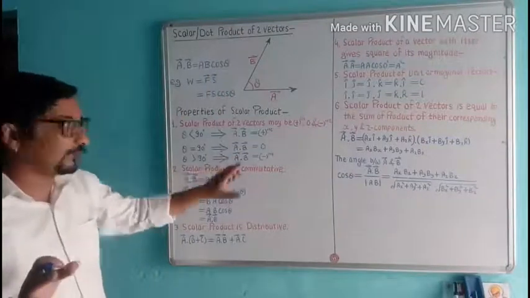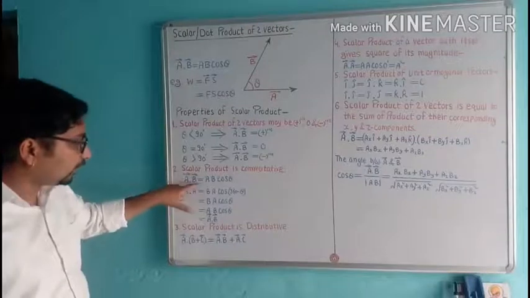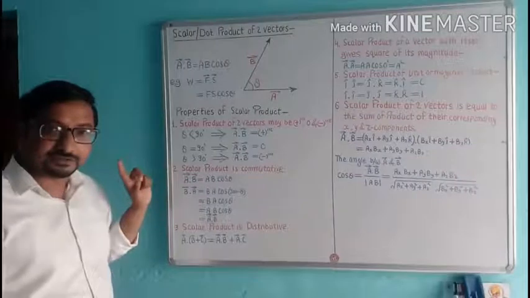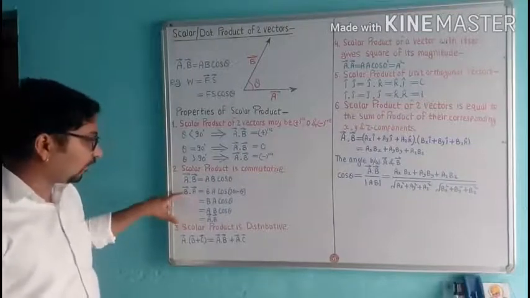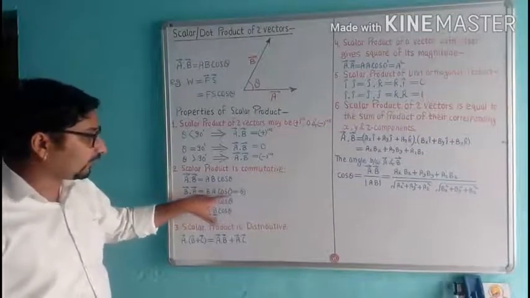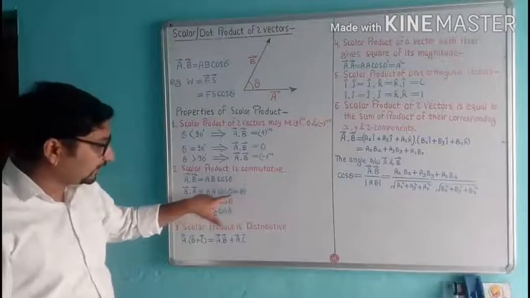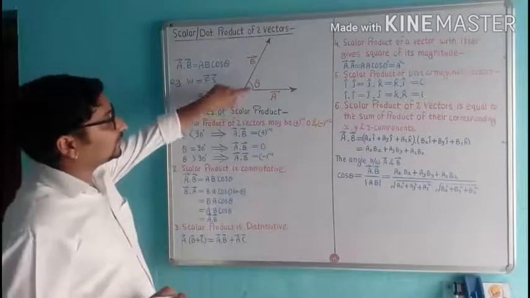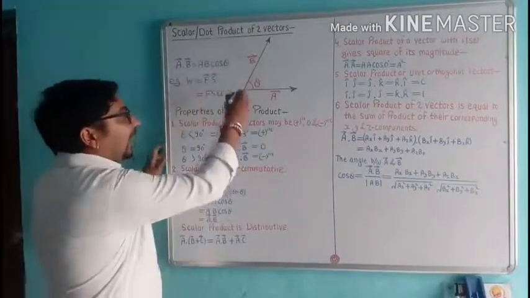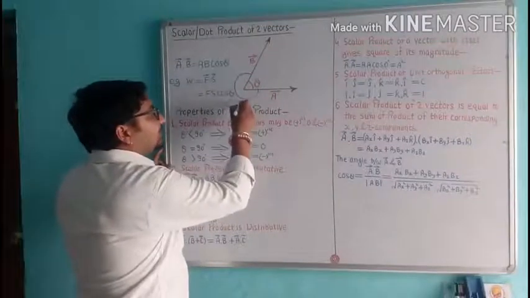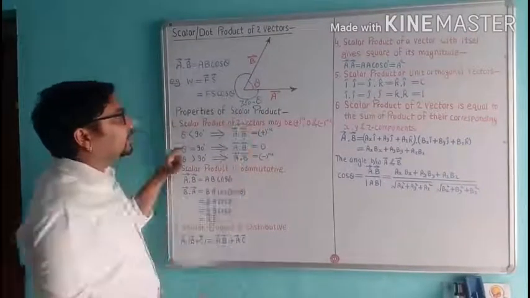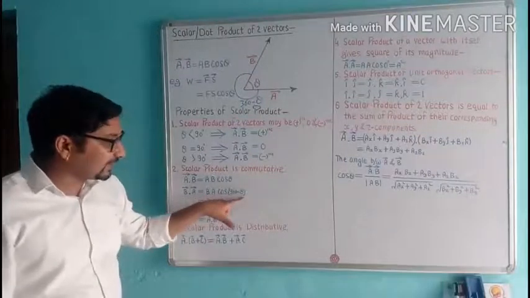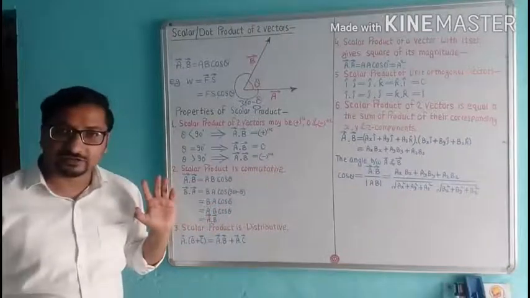Now, scalar product is commutative. A dot B is equal to AB cos theta, where theta is the angle between A and B. And if you want to know B dot A, then it will be BA cos of 360 minus theta, where 360 minus theta is the angle between B and A. Cos of 360 minus theta means cos theta.